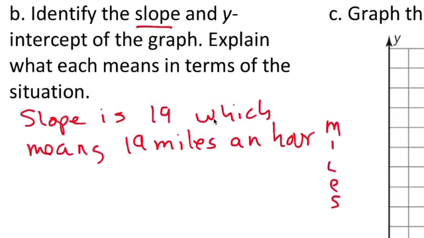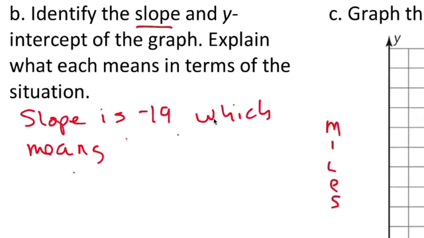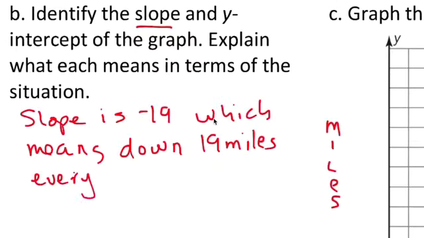And the slope is negative 19, which means down 19 miles every hour. That's what it means exactly.